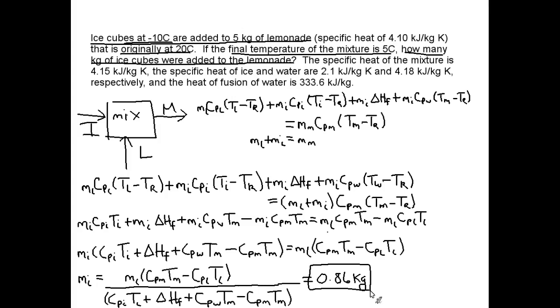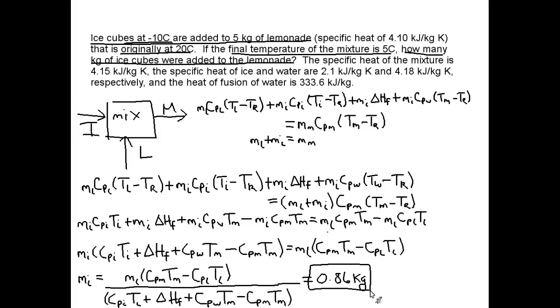Second key thing, your heat of fusion. You are melting. So your heat of fusion is negative. So when you plug in for delta H, you need to plug in negative 333.6 kilojoules per kilogram. That is the only way you are going to get the mass of ice that is not negative.